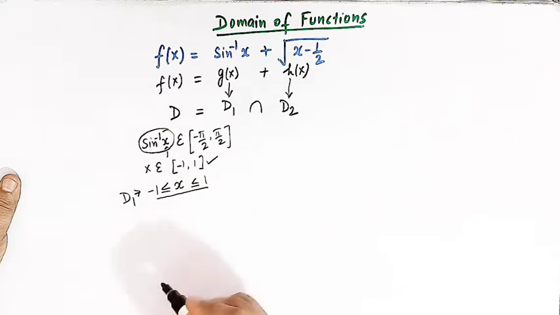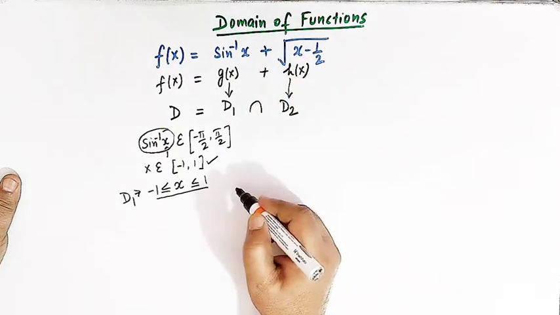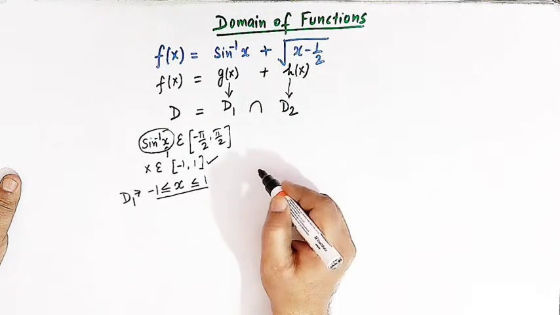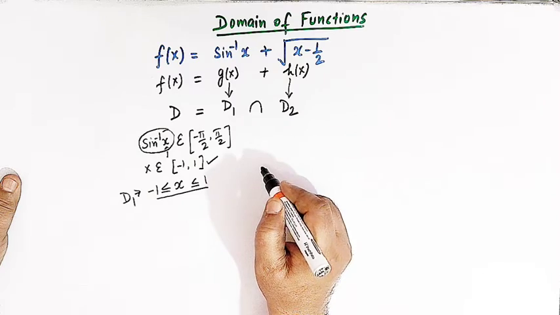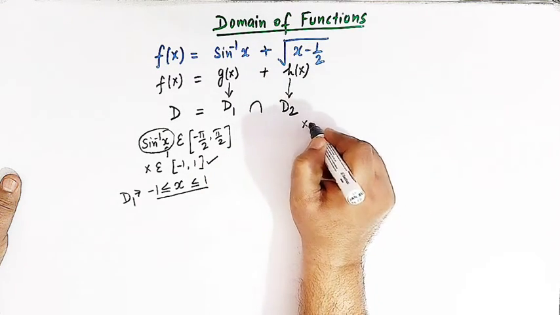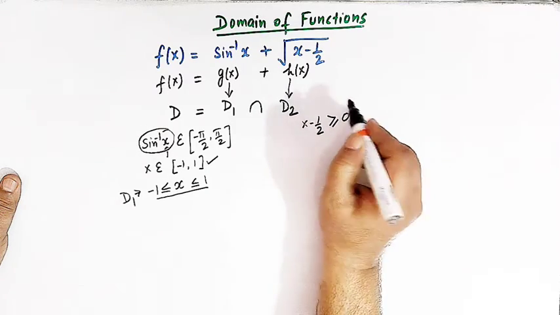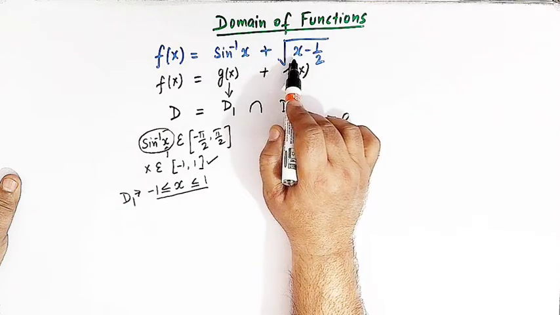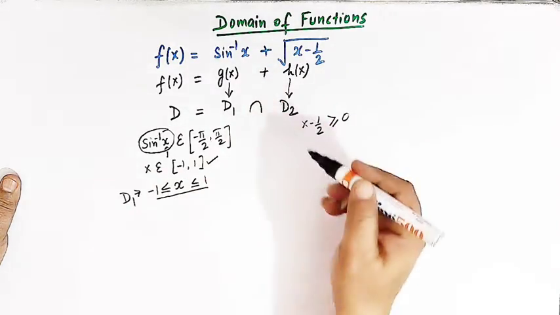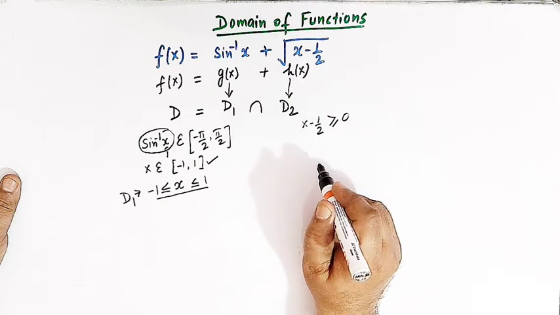Now let us find out d2. Now here we have the square root function, and anything which is inside the square root function has to be positive or equal to 0, because here x minus half should be greater than or equal to 0, because we cannot have a negative number inside the square root sign. So in that case, the number does not belong to the set of real numbers, right?